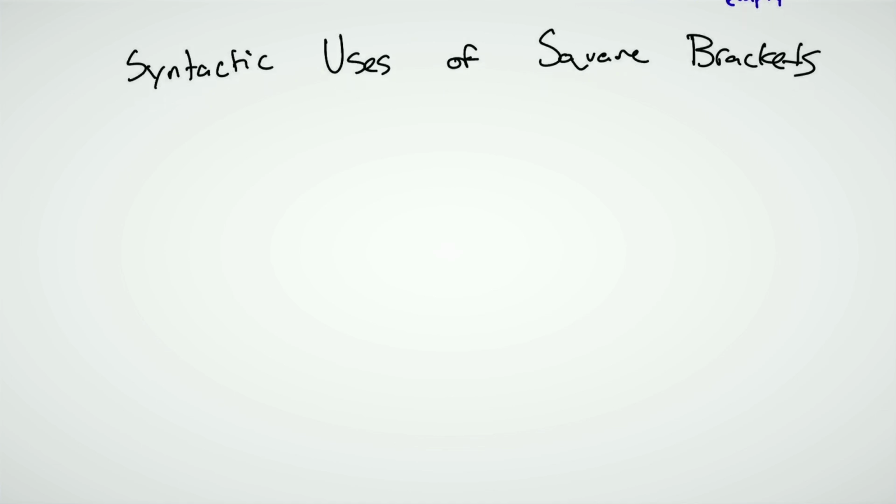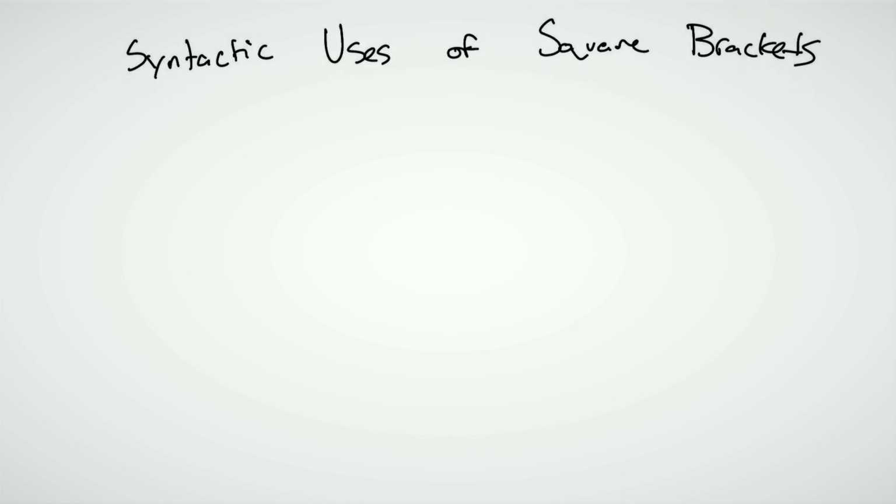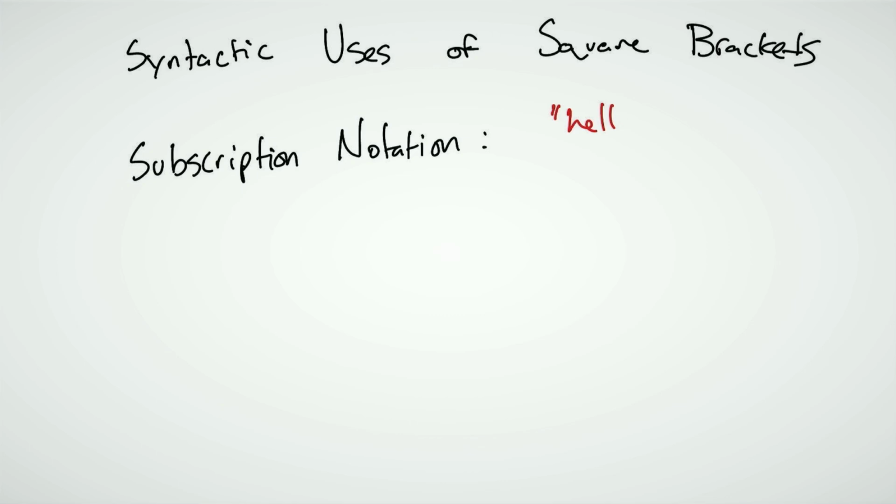So our first example of this that we saw earlier in the course was subscription notation. And this applies to working with lists too. So with a string, let's say, hello, we could use subscription notation, which I'm going to write in green. So here's the green square brackets and some index, which maybe I'll write, 0, right? So this was an int expression.